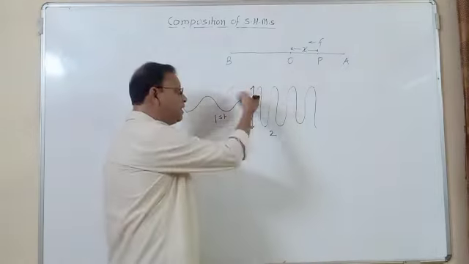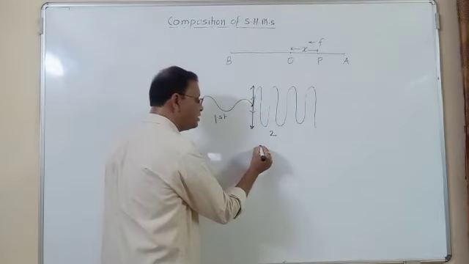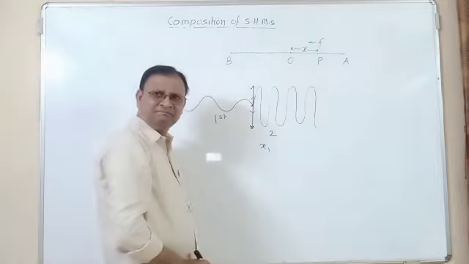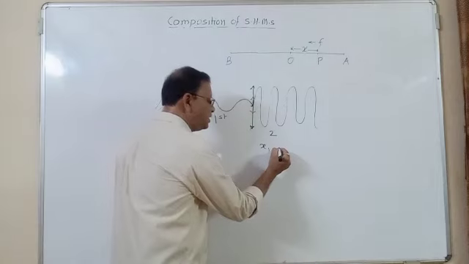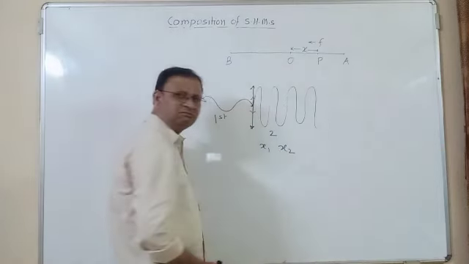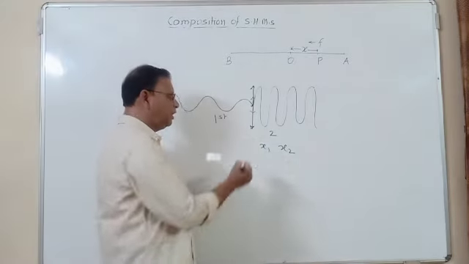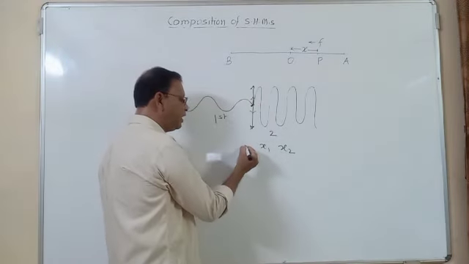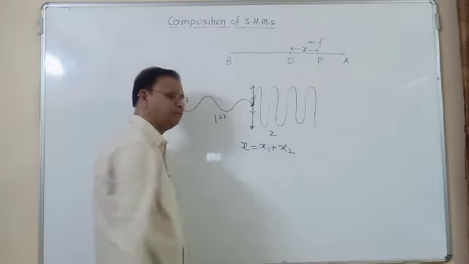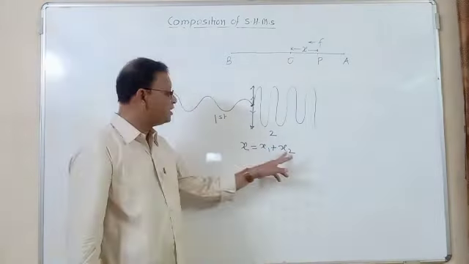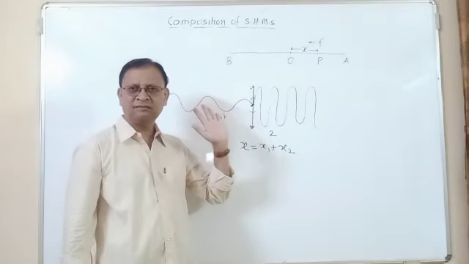Then what is the resultant displacement of that particle? Suppose the first wave produces the displacement x1. Second wave produces the displacement x2. Then according to the principle of superposition of wave, the resultant displacement of that particle x is equal to x1 plus x2. That is the vector sum of the displacements produced due to the two waves.